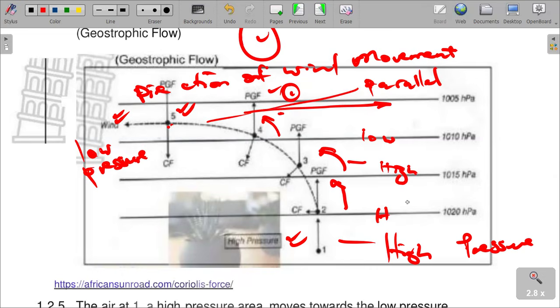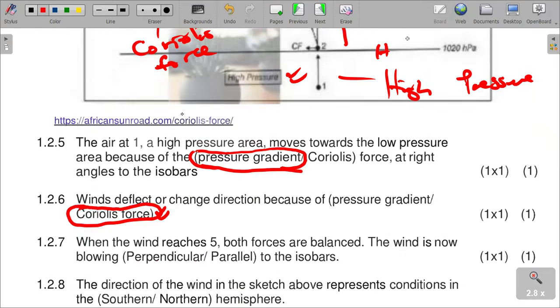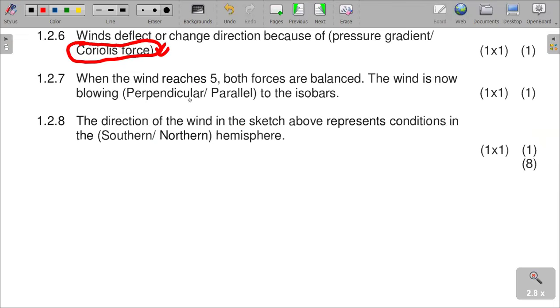So what you need to understand is that this is what you call the Coriolis force, which is abbreviated as what? As CF. CF represents Coriolis force. So when the forces are balanced, the wind blows parallel to the isobars.